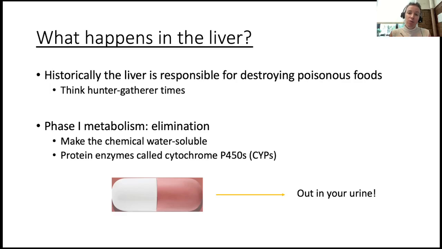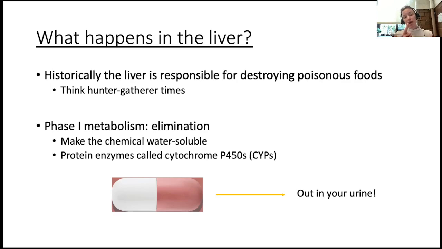Now we're not usually off in the woods eating berries, but this function is still important because molecules like THC, if you eat it, can go to your liver, get metabolized, and be sent throughout the body. So some of the stuff that you eat, THC for example, is psychoactive, but after the liver works on it, some of it maybe is neutralized, but some of it remains psychoactive depending on the chemistry that is done.